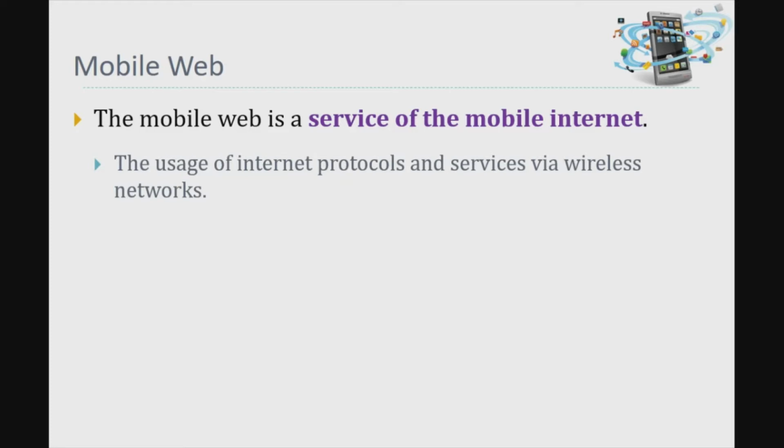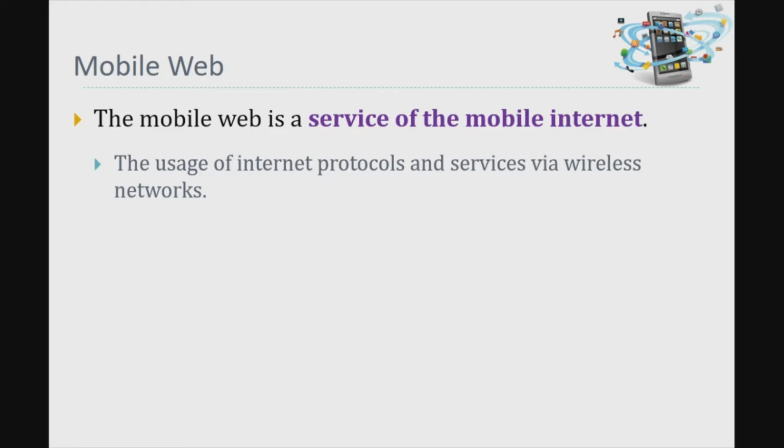So wireless refers to the transmission medium that we use in order to transmit the message. And I believe most of you already know what a network is. A network is a collection, a set of devices that are connected together and able to exchange messages or share the same resources among them.